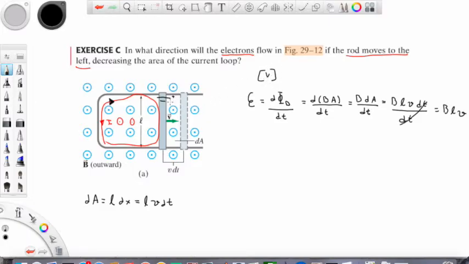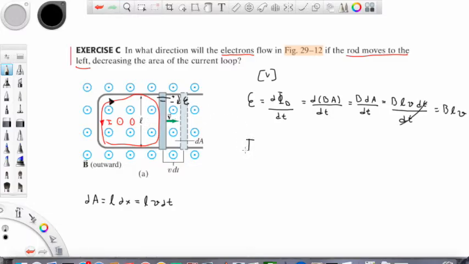So we have this imaginary battery that produces a voltage epsilon, and that will drive the current in the direction that we just found out, in this case counterclockwise.